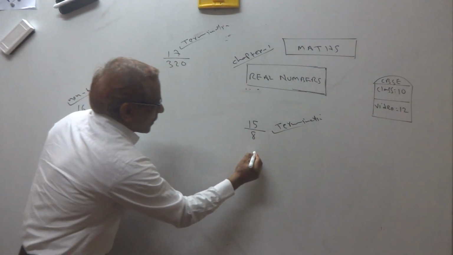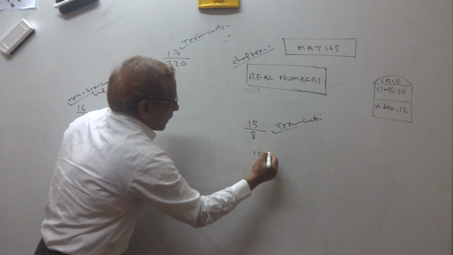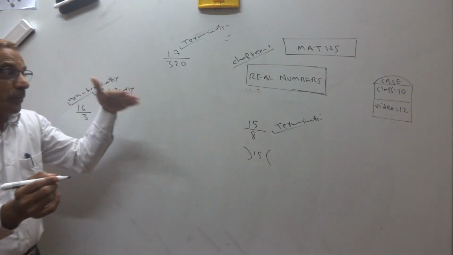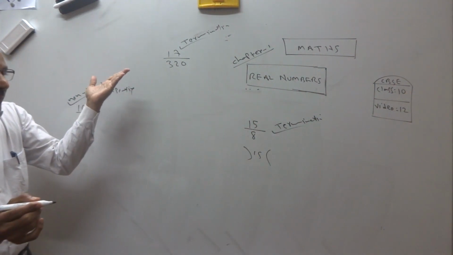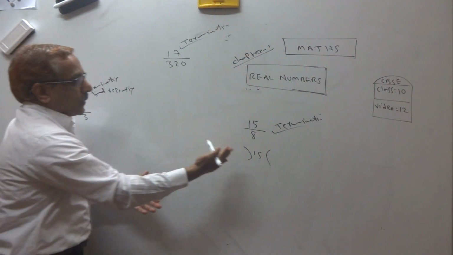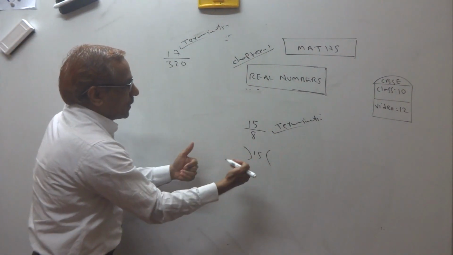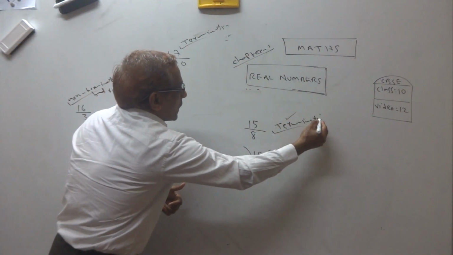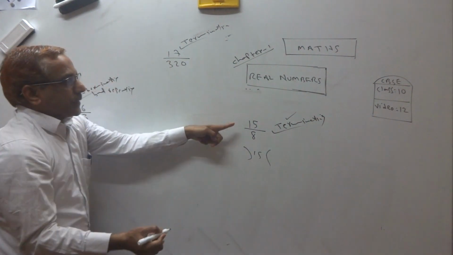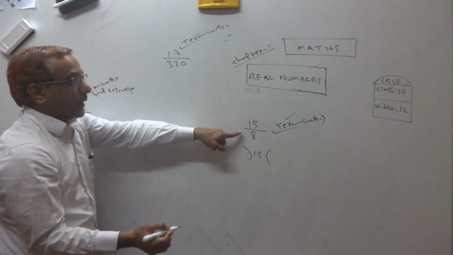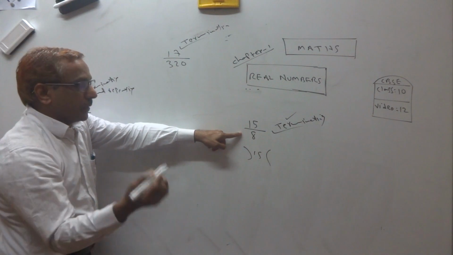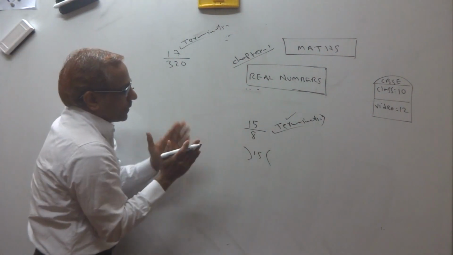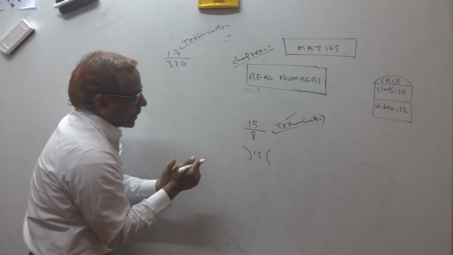Please check. I said that this is terminating. Before, I said without dividing. Now I want to just show you, is my answer correct? Now we are doing the verification.